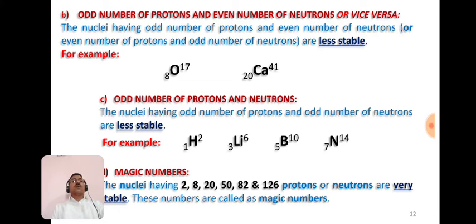They are found to be very stable, and therefore these numbers are known as magic numbers. So the magic numbers are nothing but the nuclei which contain 2, 8, 20, 50, 82 and 126 protons or equal neutrons. So they are called magic numbers, as they are very stable.